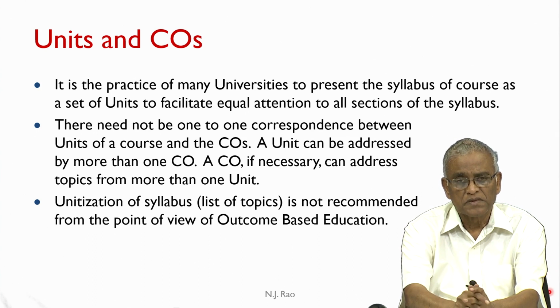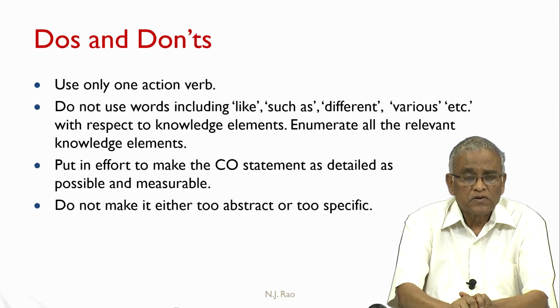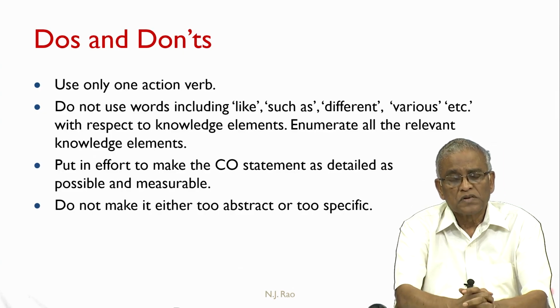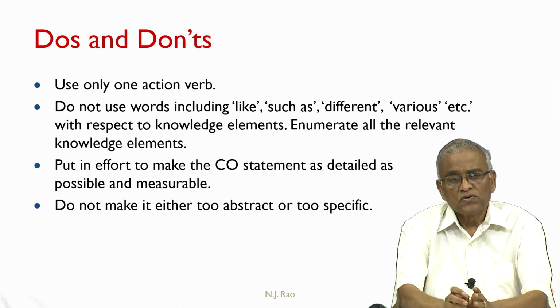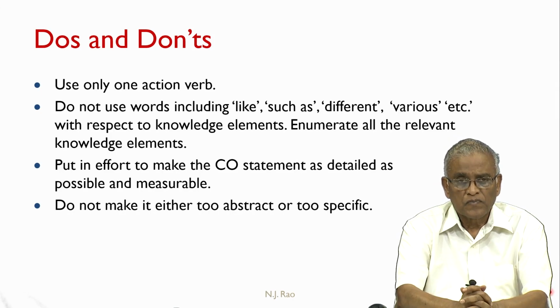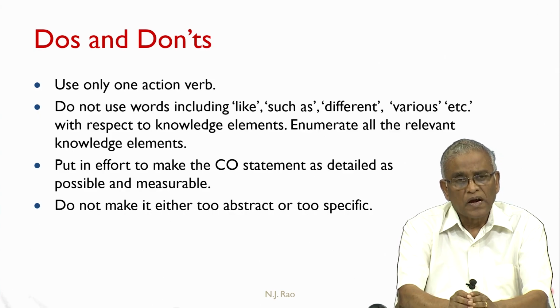Now, we will talk of what the do's and don'ts are when you write your course outcomes. First thing is, use only one action verb. As we have already stated in the earlier unit, occasionally there could be 2 action verbs, but those should be exceptions rather than routine.